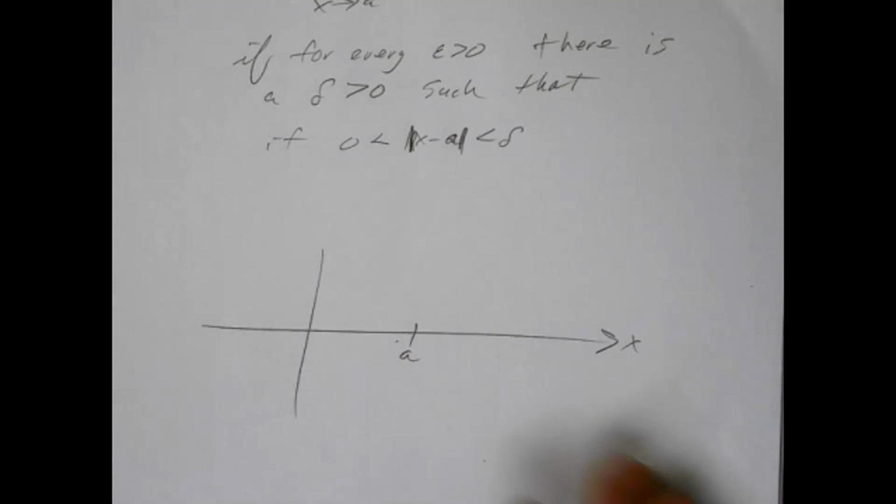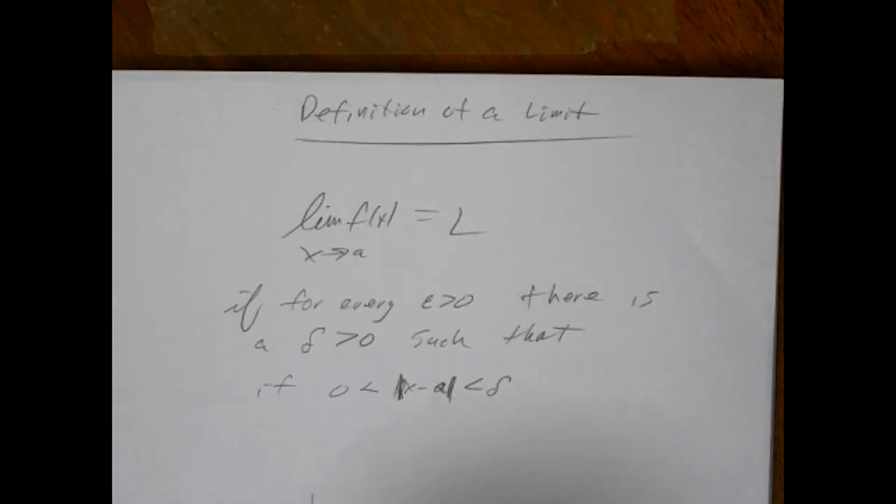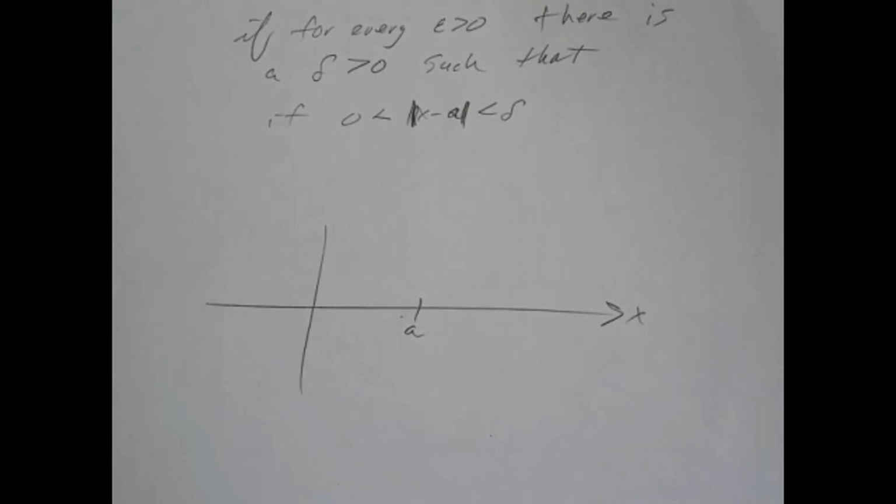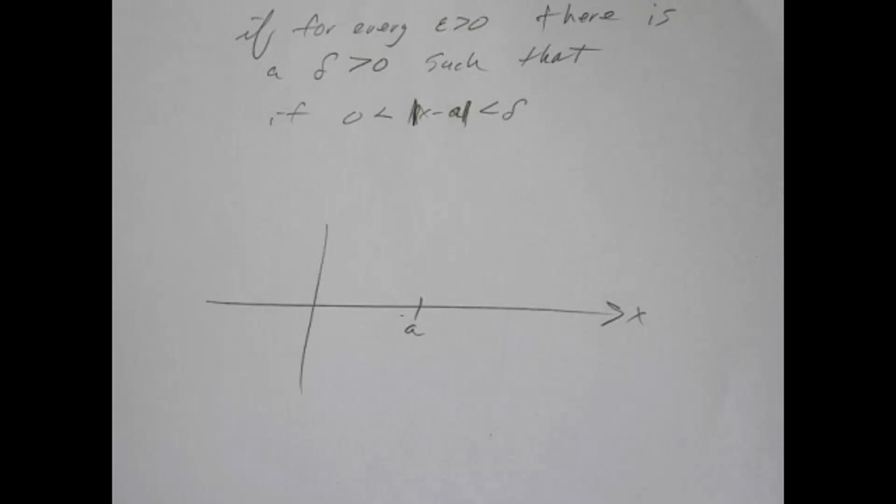That is the number that the limit is approaching up here. And absolute value is used to convey distance. Among other things, it is a distance measuring tool.